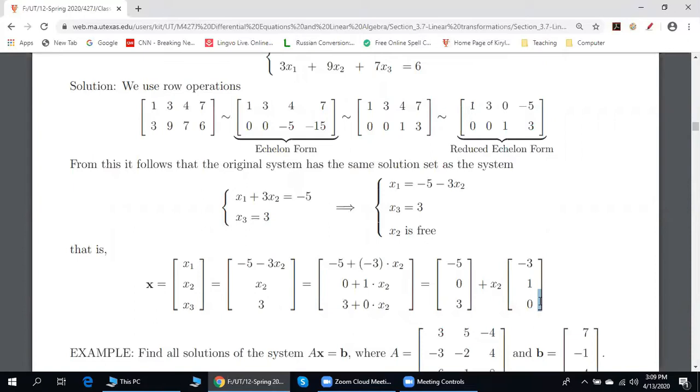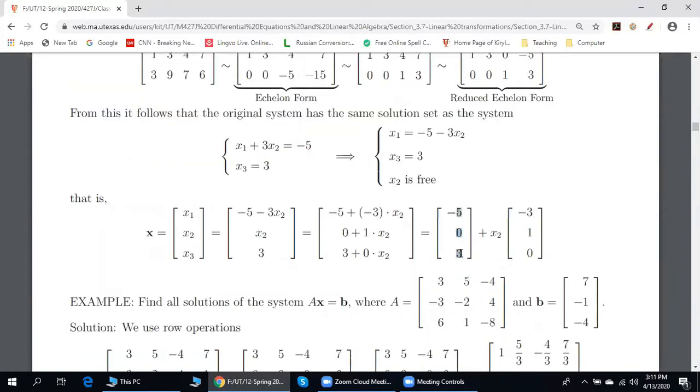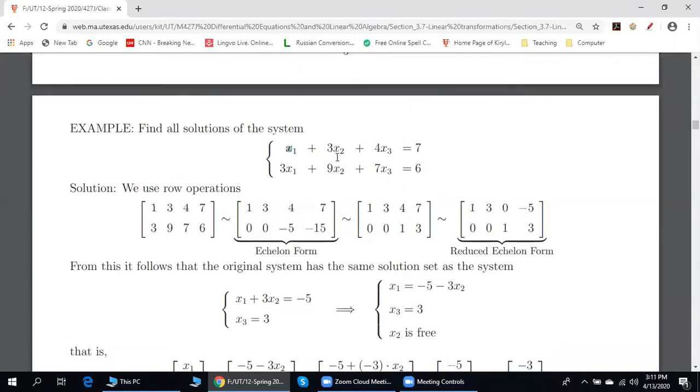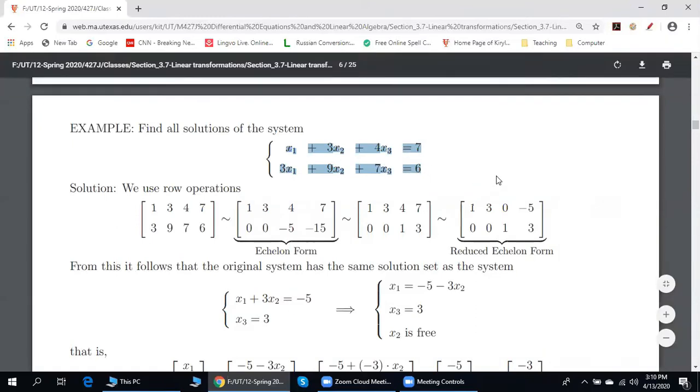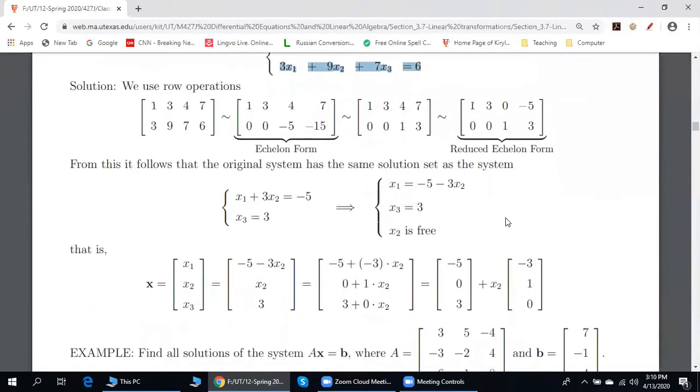Here's what is important. Column number 1 is a particular solution of our system. Here's why. Observe that x2 is a free variable. Free means we can plug in any number instead of x2, and the resulting expression will give us a solution again.